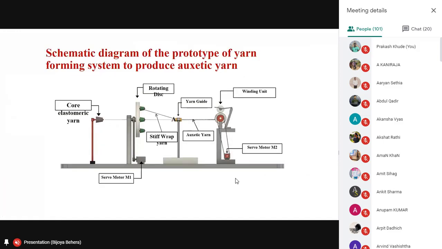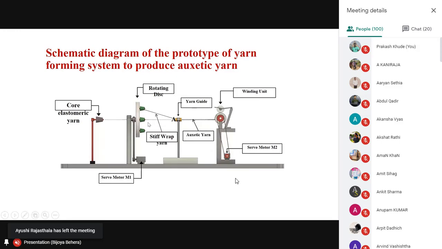This is a device developed at IIT in my lab, where I can take two yarns. This yarn at the center is the core elastic yarn, and in this disc, these three green color packages are non-elastic yarn. So they are coming together, and this disc is rotating. In the sense, the center yarn is coming straight.